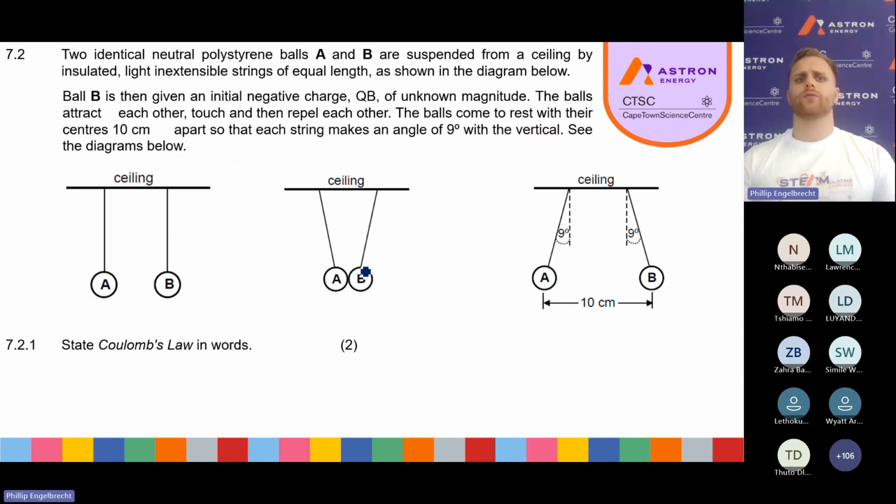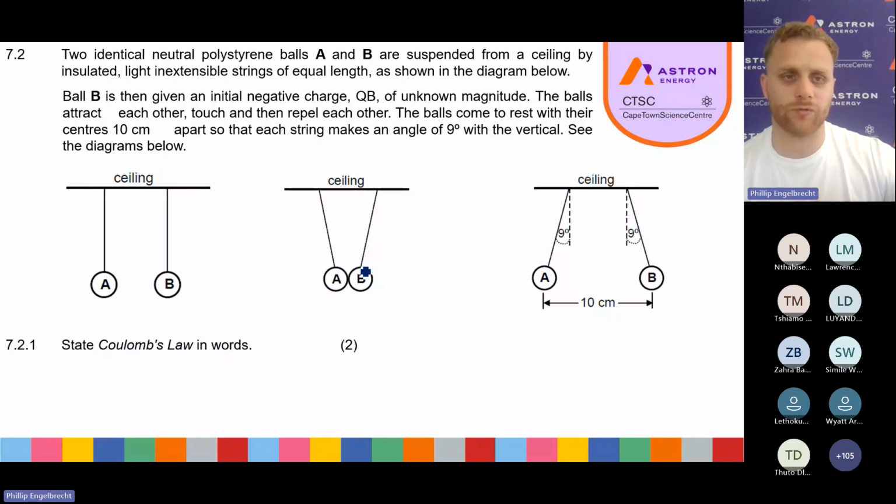Anyways, let's move on. Now, here is the juicy question. I think this was the only 6-mark question in the entire paper. All right. Not a definition. You'll see now. So what does it say? It says 2 identical neutral polystyrene balls, A and B, are suspended from a ceiling by an insulated, light, inextensible string, both of equal length, as shown below.